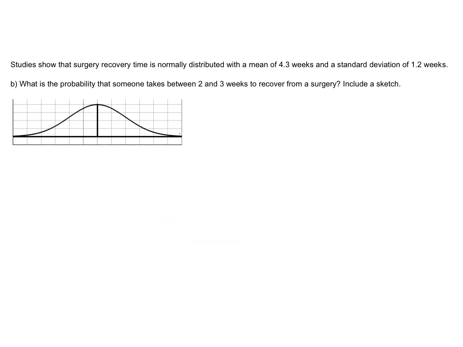Part B is asking between 2 and 3 weeks. Now again, we have 4.3 as our mean, 2 and 3 would be around here, and we're looking for in between. Now we need to calculate the z value for each of these.